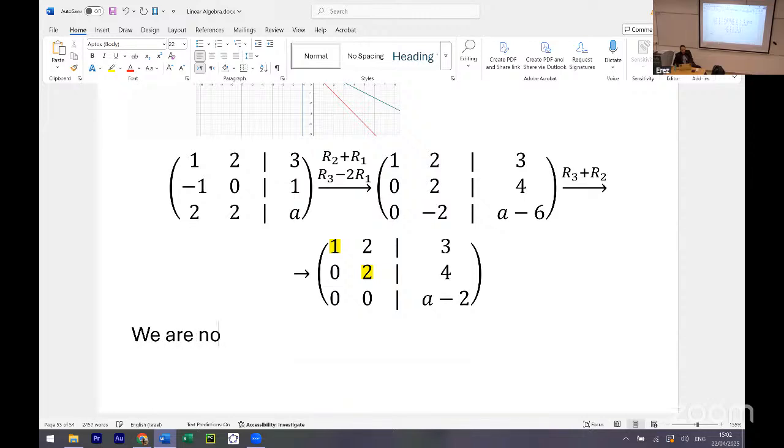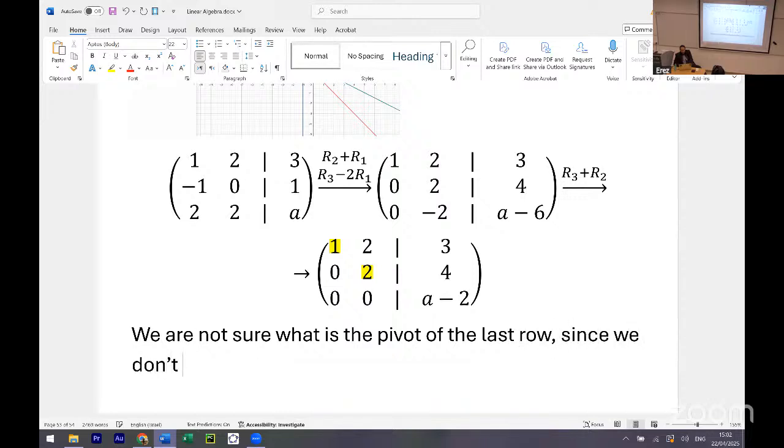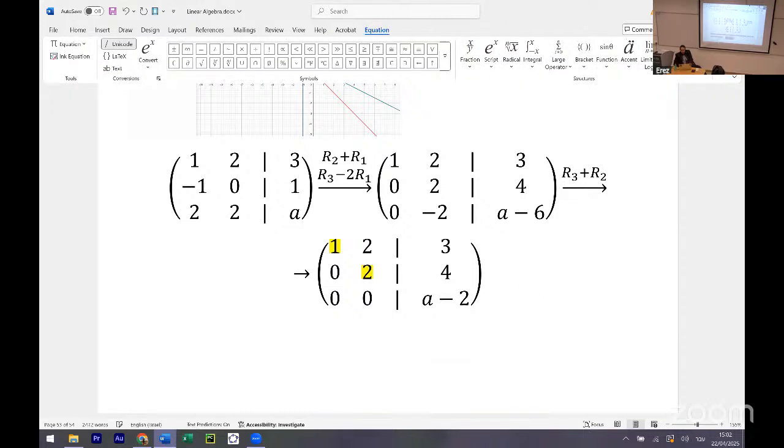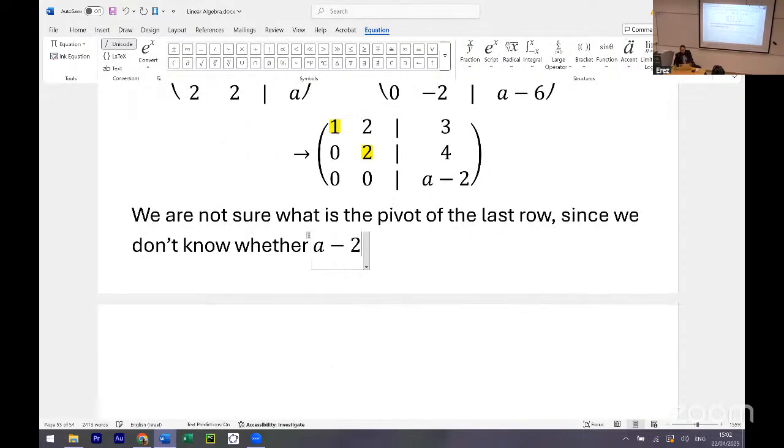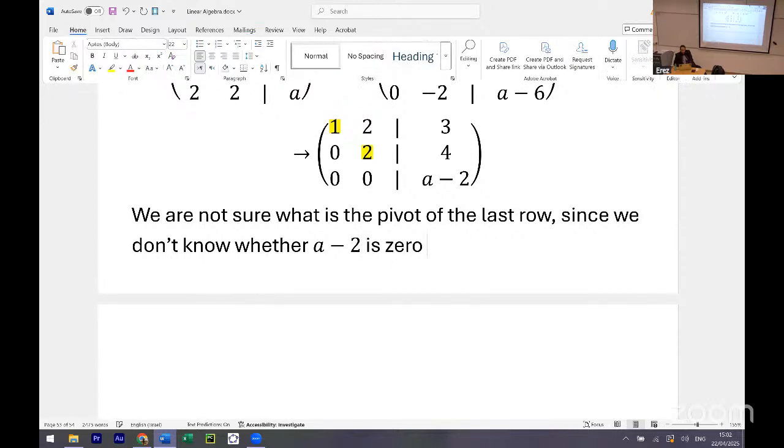We are not sure what is the pivot of the last row, since we don't know whether A minus 2 is 0 or not. So we check all cases.